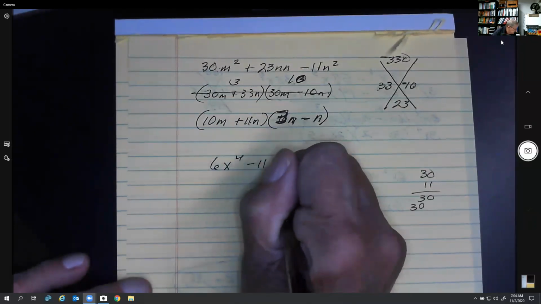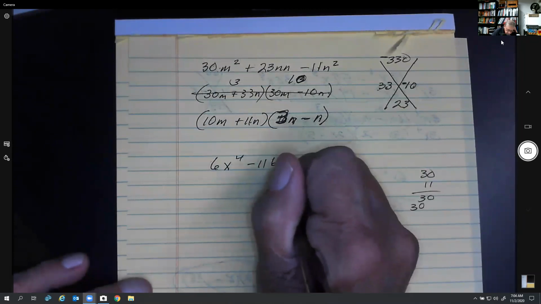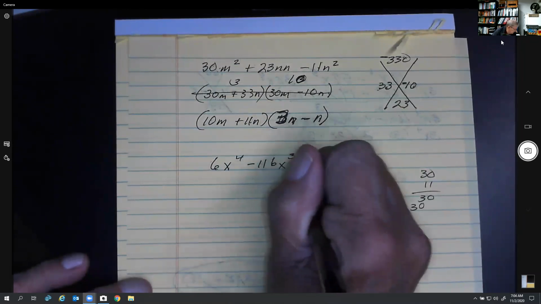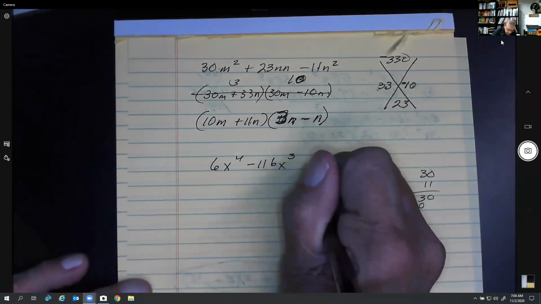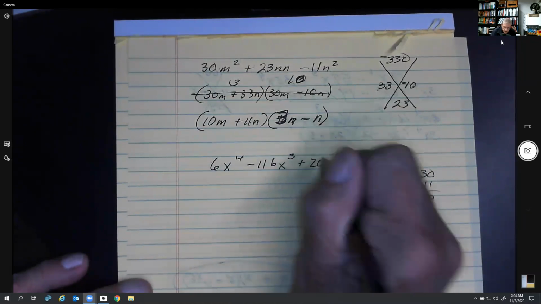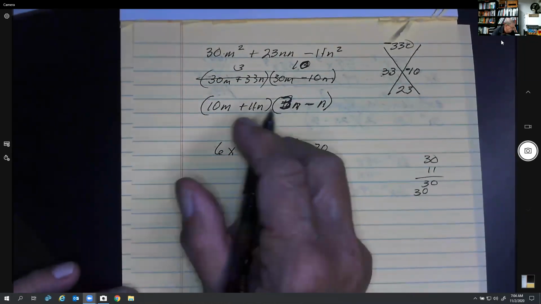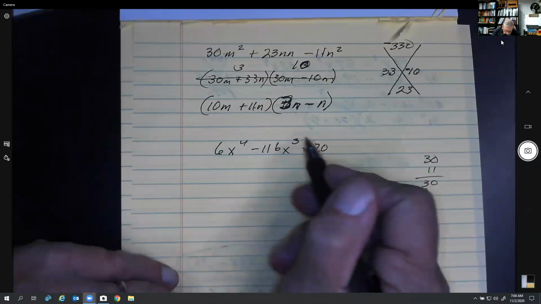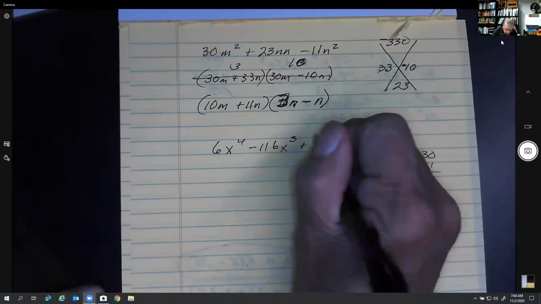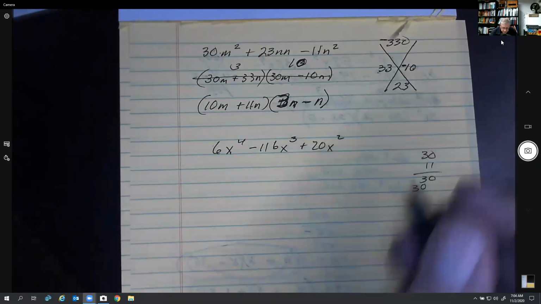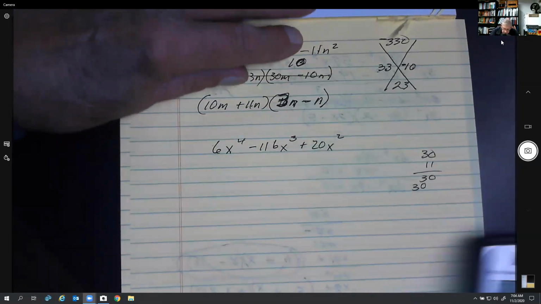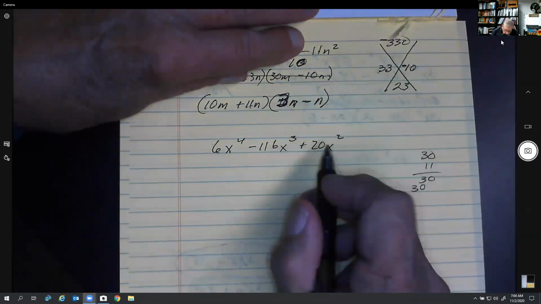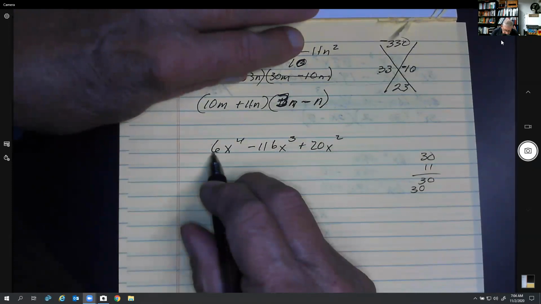This doesn't look like this is even going to factor. And sometimes that happens. I don't think this is going to factor out, because this is such a big middle term. They're in descending order. Make sure you write them in descending order. The only numbers that would go into 20 and 6 are 2.